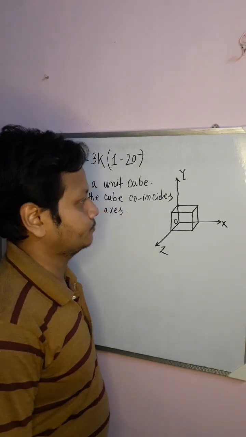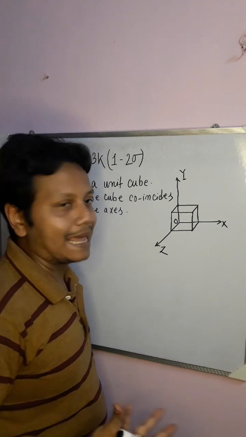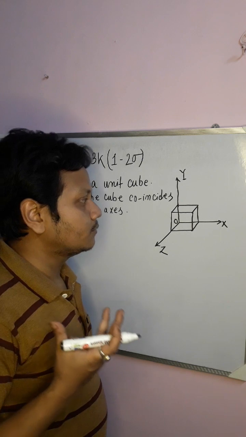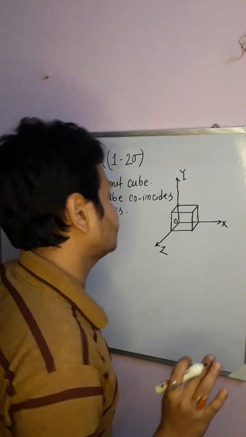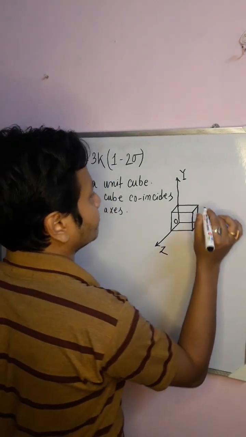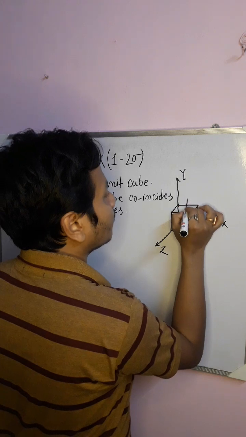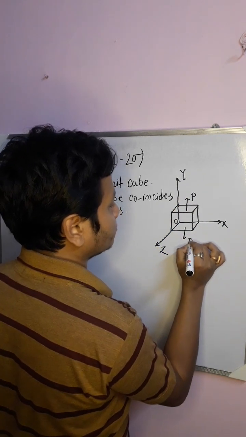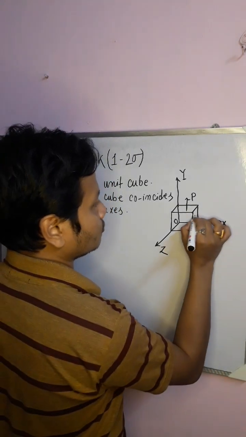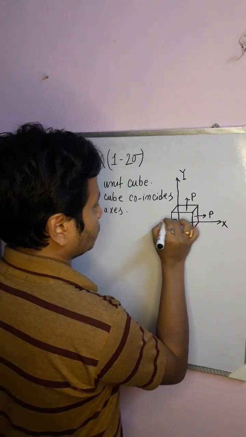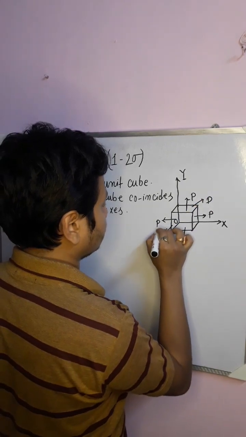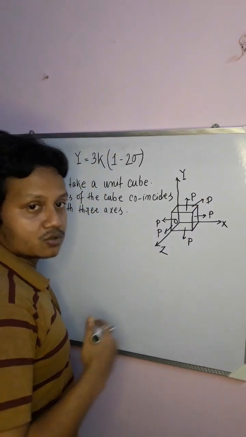So we apply a force, that is force per unit area P, that acts along each face of the cube outward. Okay, that is we apply the force in such a way that each force acts outward.